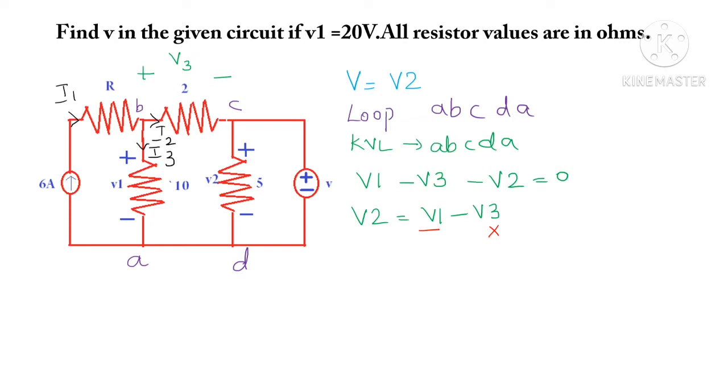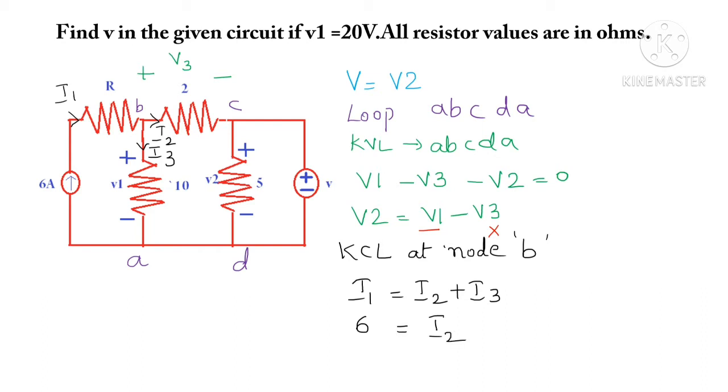If we apply KCL at node B, what do we get? I1 equal to I2 plus I3. We know I1 is 6 amps, equal to I2, which is unknown, plus I3.